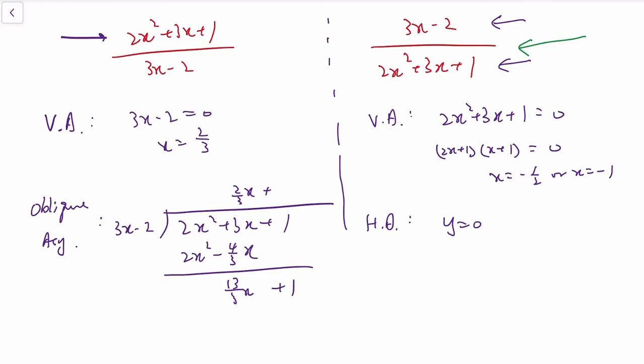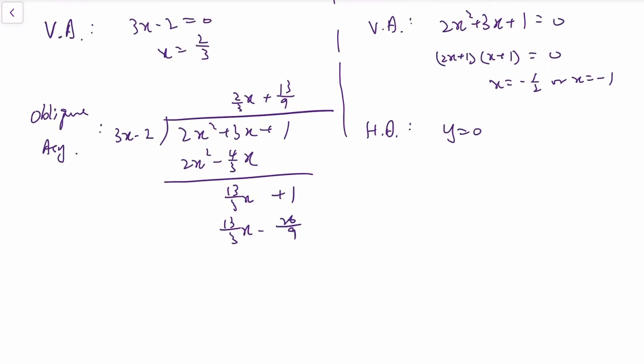Then we're saying 3x times what give you 13 over 3. That's like what, 13 over 9? 26 over 9. Okay. The remainder actually doesn't matter, but we'll do it anyway. It is like 35 over 9.